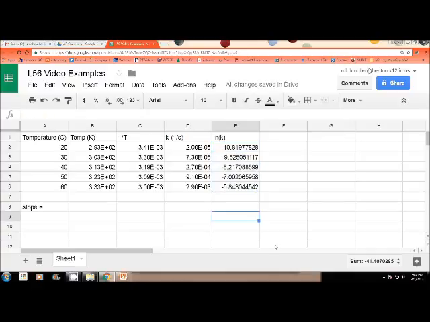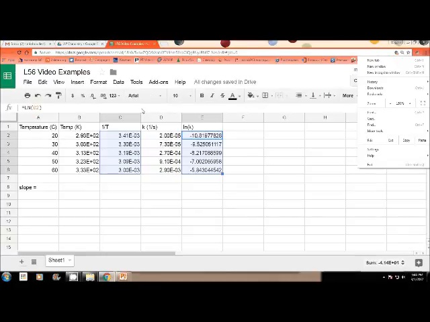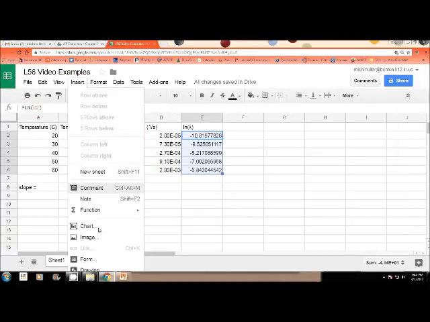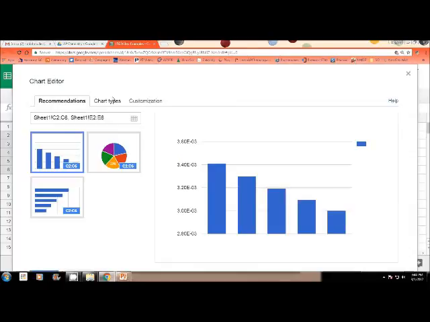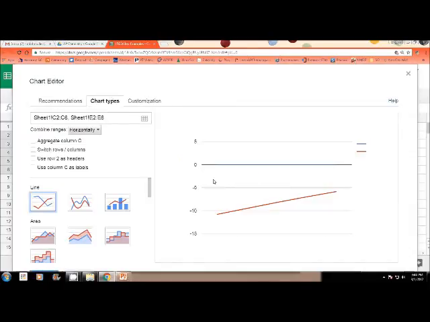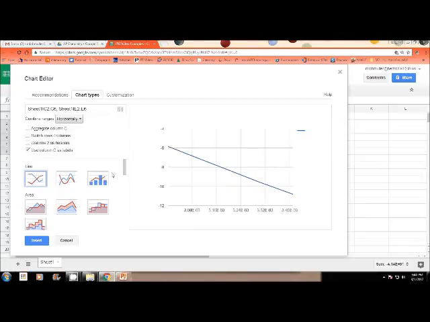Now that we have those two bits of information, we first need to highlight the inverse of T column and then Control-click the ln of k column, making sure not to highlight those two top points, otherwise it will not want to make your graph nice and neat. To zoom out a little bit so you can see the graph better, go to Insert, Chart. We're still going to do a linear chart graph like we've done before, and then we want to use column C as headers, and that will make us our nice pretty straight line.